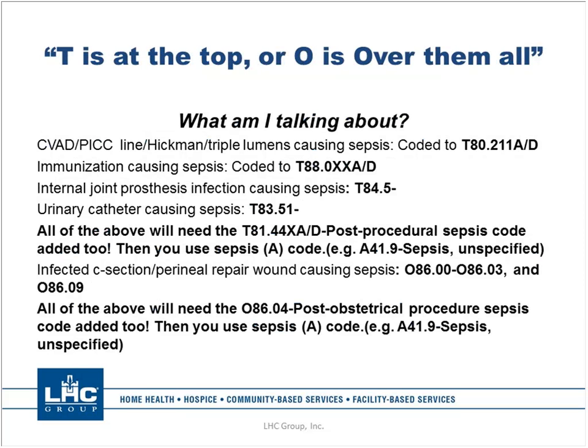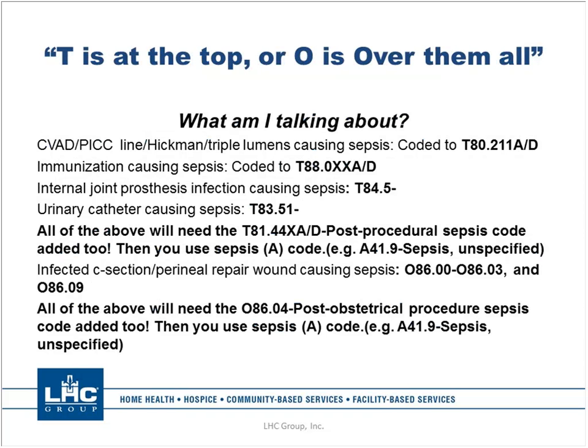Whenever we get a patient that's septic because of their IV line or their portacath or their Hickman or their triple lumen, everybody goes to looking for infections due to a vascular device, right? Well, guess what? That's not where you code these. They have their own special codes, and it's always hard for folks to find. Those are T80 codes.